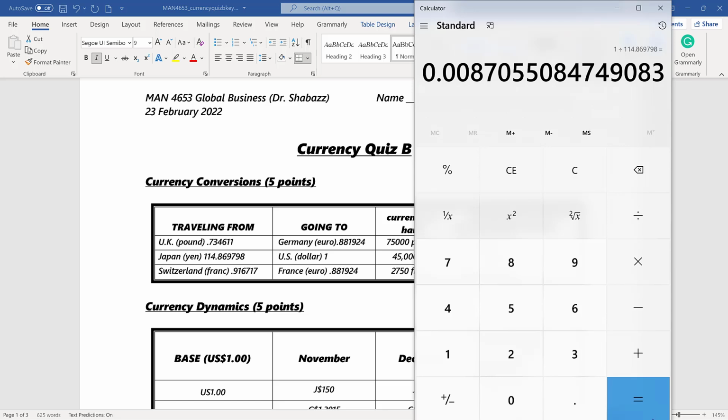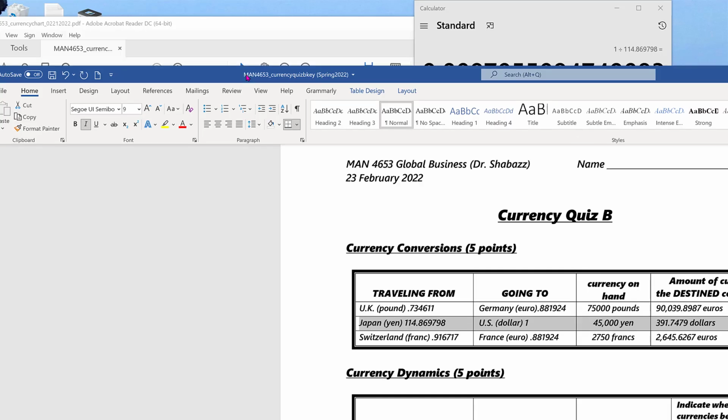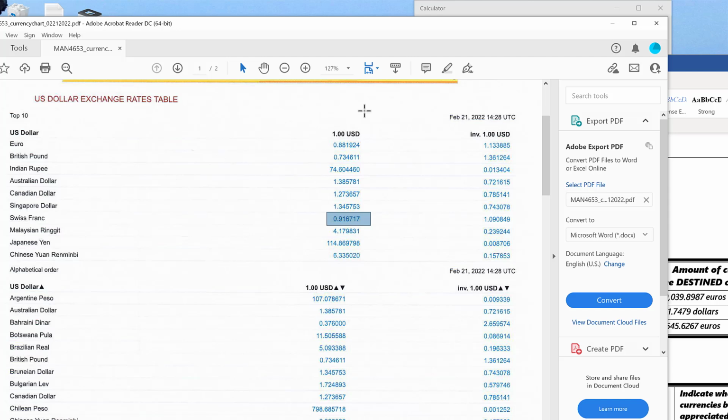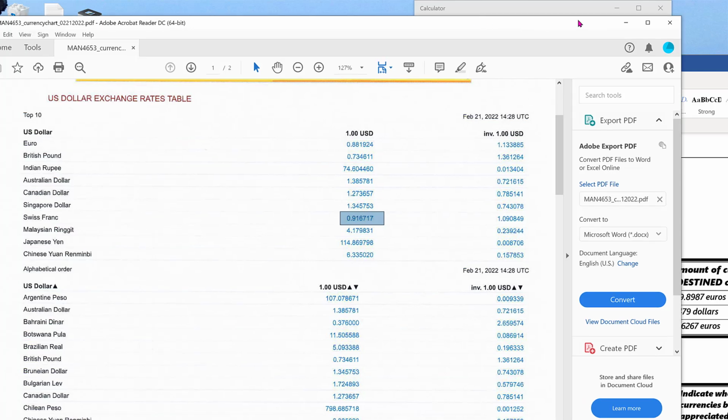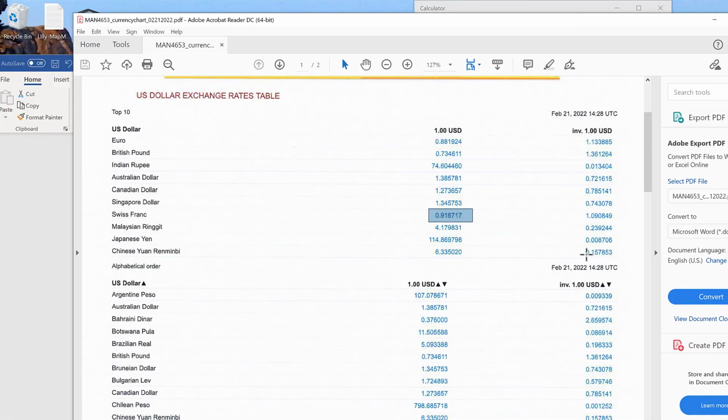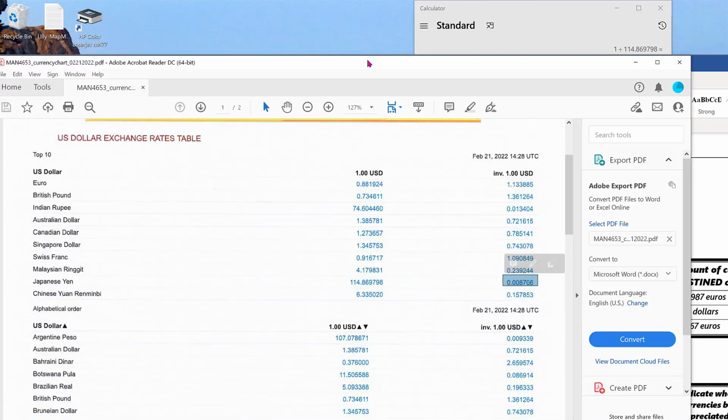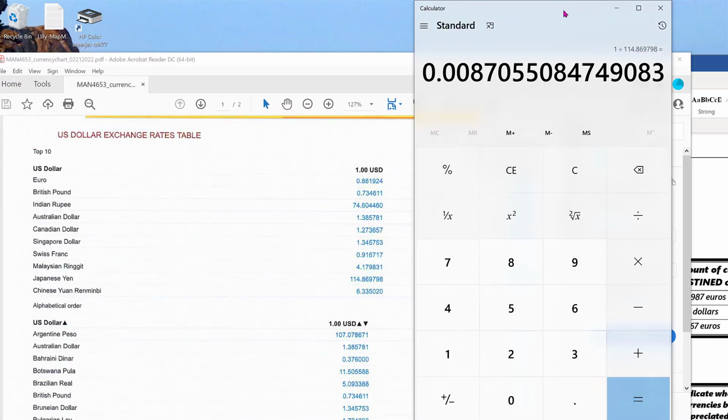So this is how much 1 yen is equal to in dollars. And if you actually wanted to check that, find the currency chart, and we look for Japanese yen, and this is the amount, and it coincides with our calculation here, as you can see.